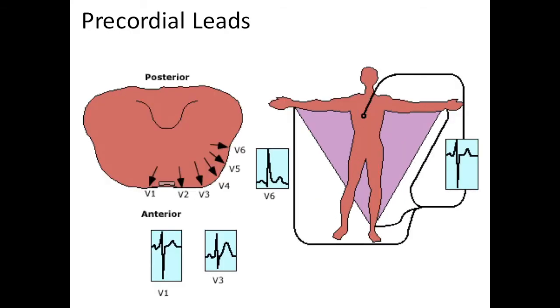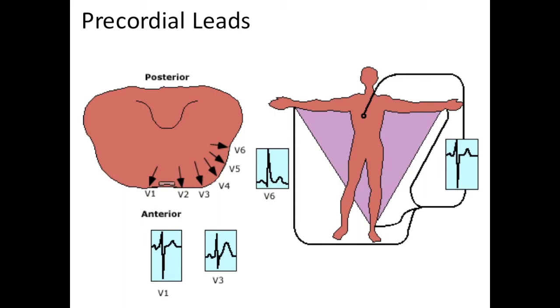The third ECG lead placement system is called the precordial leads. Because when we think about electrical activity in a patient, we really want to focus on the heart, we can add additional leads surrounding the heart that give us even more electrical activity information.